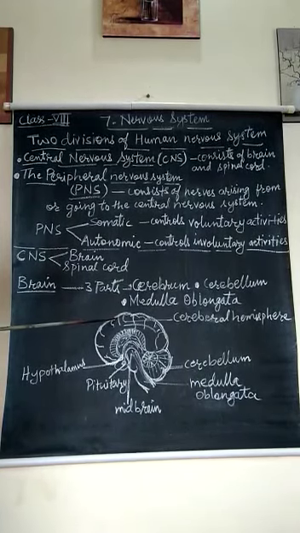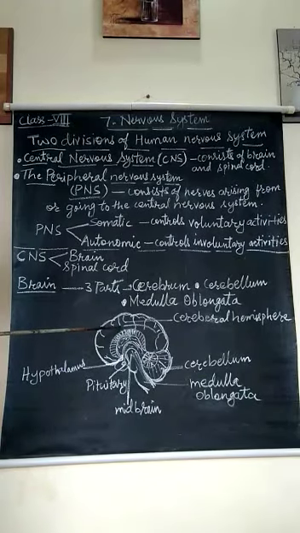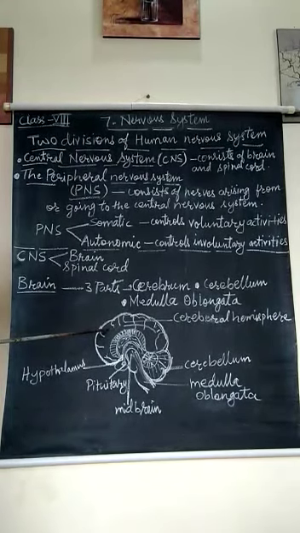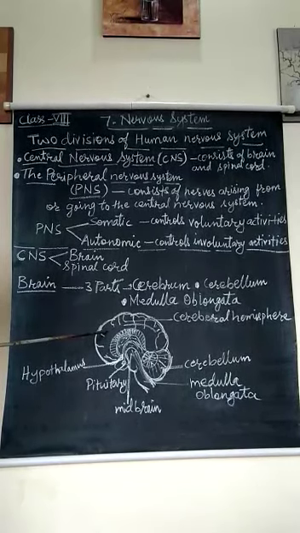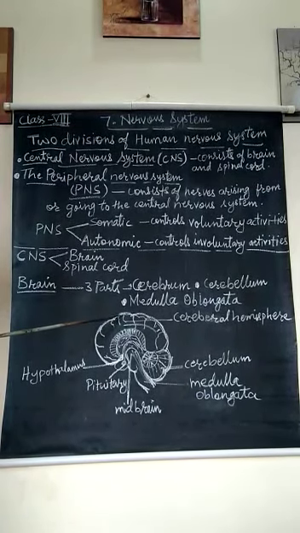Means outer is called grey matter and the inner is called white matter. The cerebrum is the seat of intelligence, means cerebrum is responsible for thinking, reasoning, consciousness and willpower. It controls all the voluntary activities.